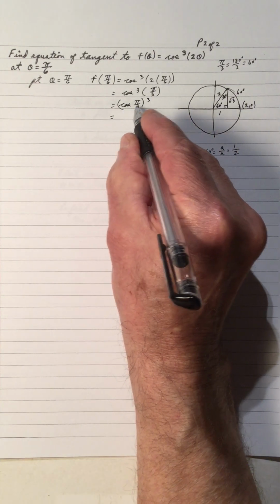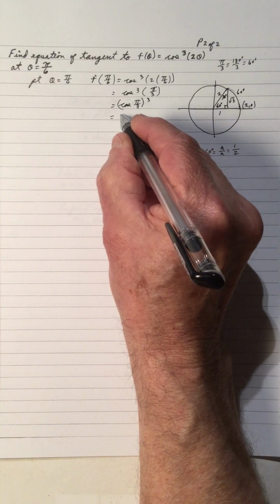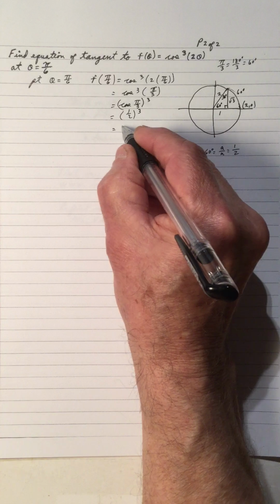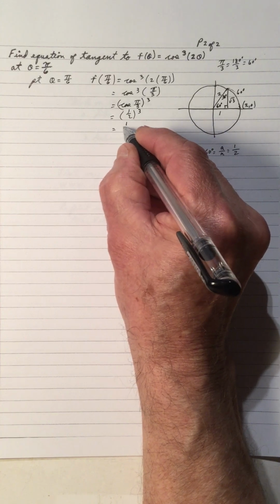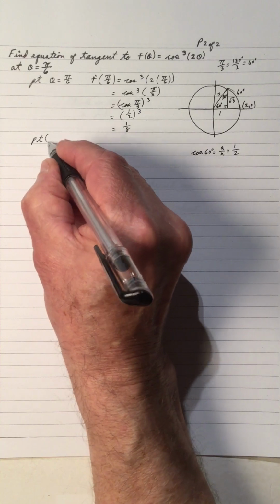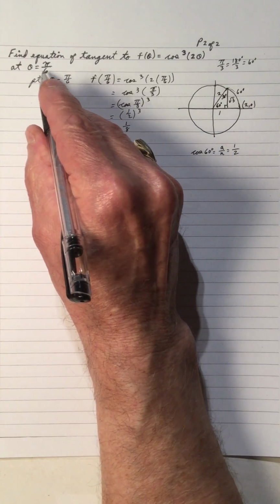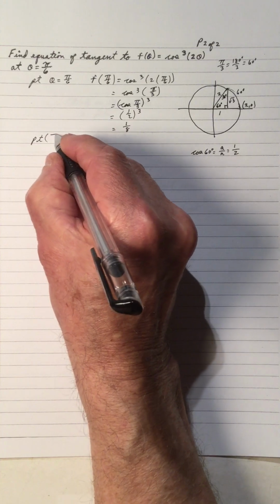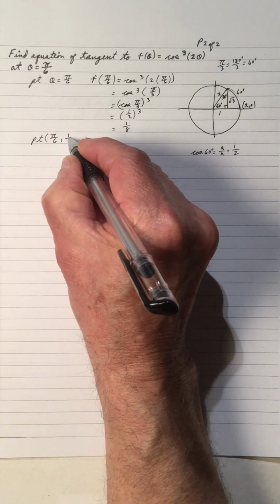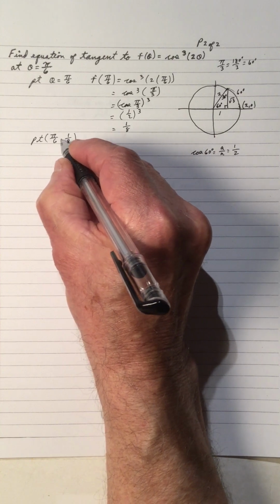So the cos of 60, which is the cos of pi over 3, is 1 over 2. 1 over 2 cubed: 1 cubed is 1, 2 cubed is 8. So the point that this function has at pi over 6 has a y value of 1/8.